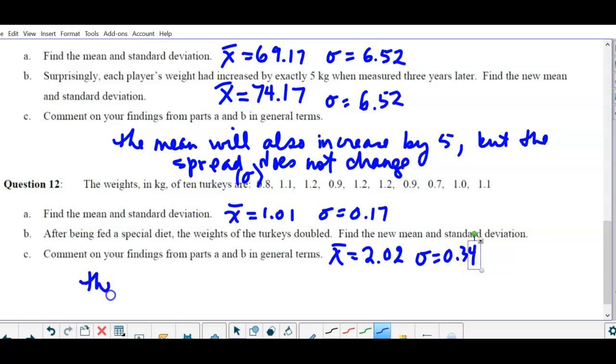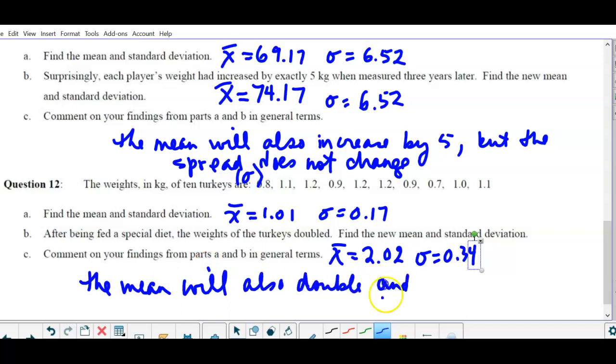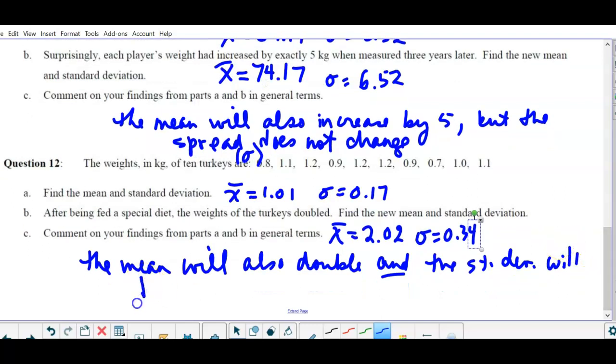The mean will also double, and the standard deviation will double as the values are more spread out now.